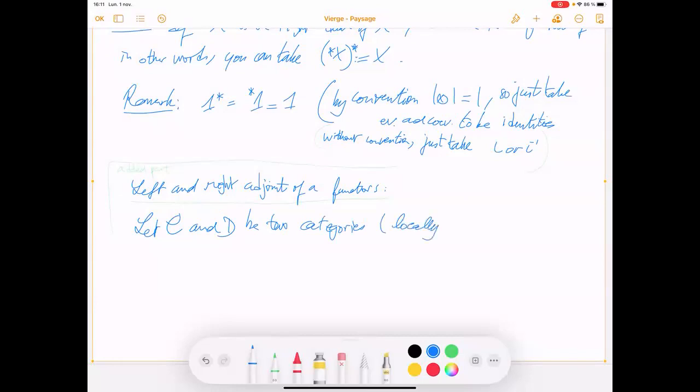So we fixed at the beginning that every category is assumed to be locally small here, which means Hom is a set. You have Hom set.